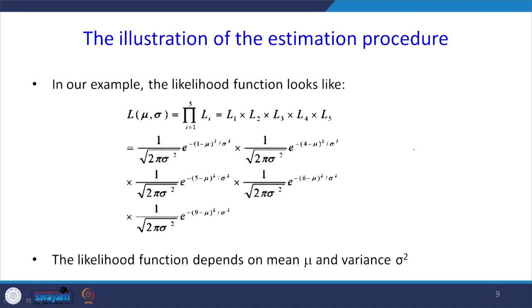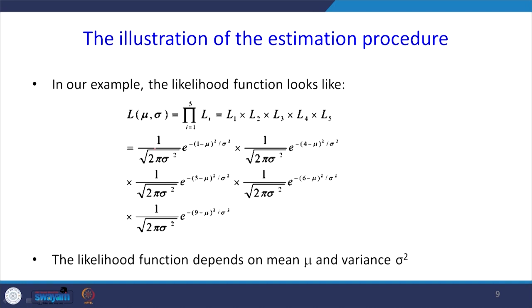So, that likelihood function, defined with the help of mu and sigma, is the product of Li for i equal to 1 to 5. When you expand this, it is L1 multiplied by L2 multiplied by L3, L4 and L5. We have assumed that the data has come from normal distribution.